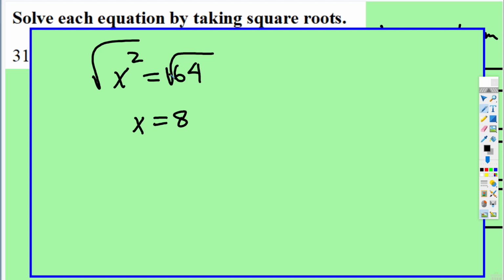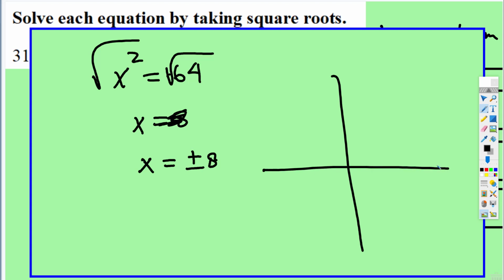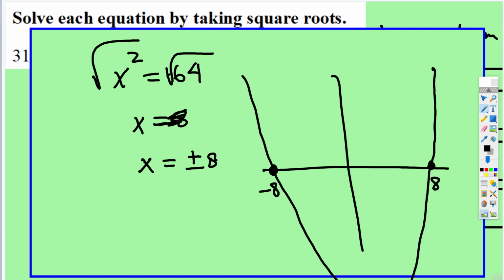But remember, when you're solving a quadratic and there's a square root, you have to remember to put positive and negative 8, which means if you were to graph that, one of the roots or zeros is negative 8, and one of the roots is positive 8, and then that parabola is going to go way down there someplace. And then there's your quadratic.